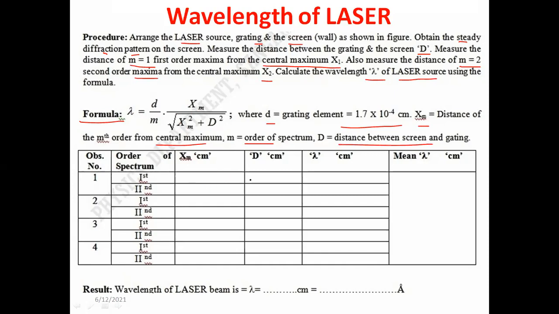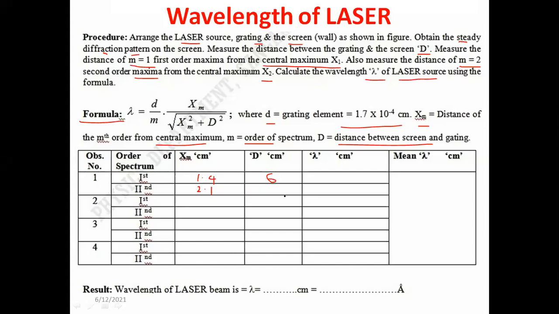Suppose initially D is 6 centimeter. This is an example, don't take such readings. If D is equal to 6 centimeter, then xm would be 1.4 centimeter for first order and 2.1 centimeter for second order.